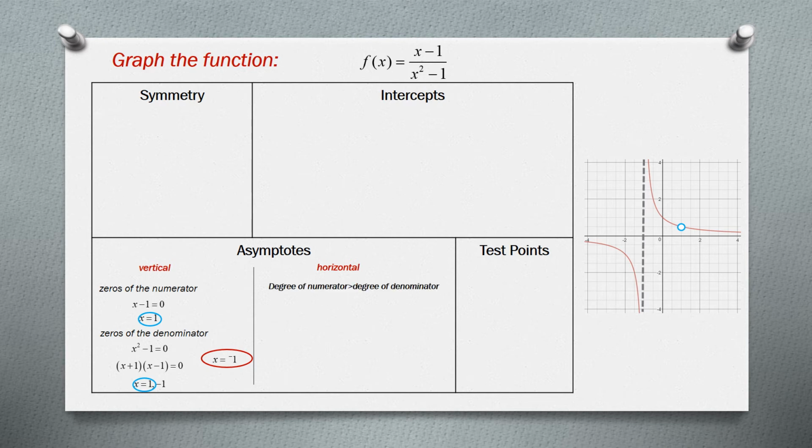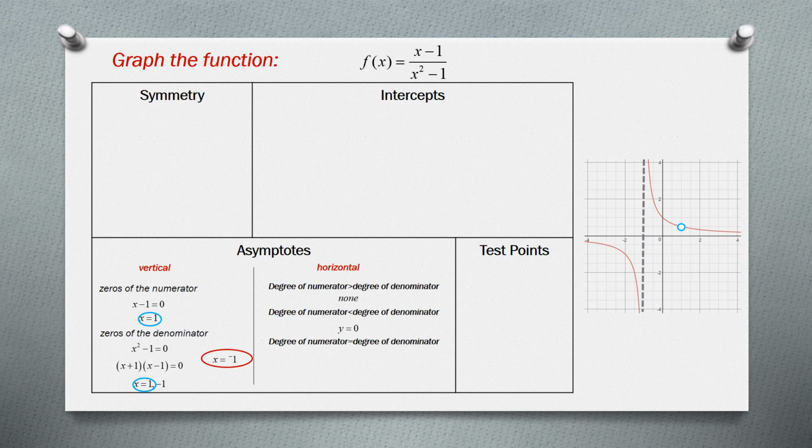We can also check for our horizontal asymptotes. Super important to discover: if the degree of our numerator is greater than the degree of our denominator, then we will not have any horizontal asymptotes at all. If the degree of our numerator is less than the degree of our denominator, we will have a horizontal asymptote at y equals 0.